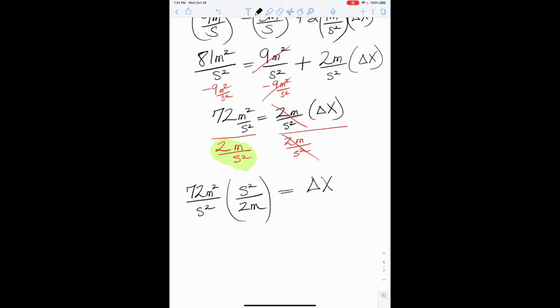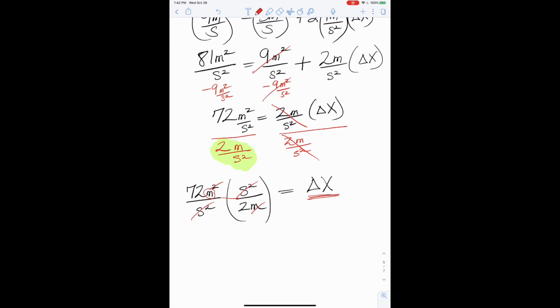So what happens there? This is just one giant fraction, so our seconds squared can cancel. Our meters on bottom can cancel one of the meters on top, but we're still left with a meter on top, which is good because delta x is in units of meters.